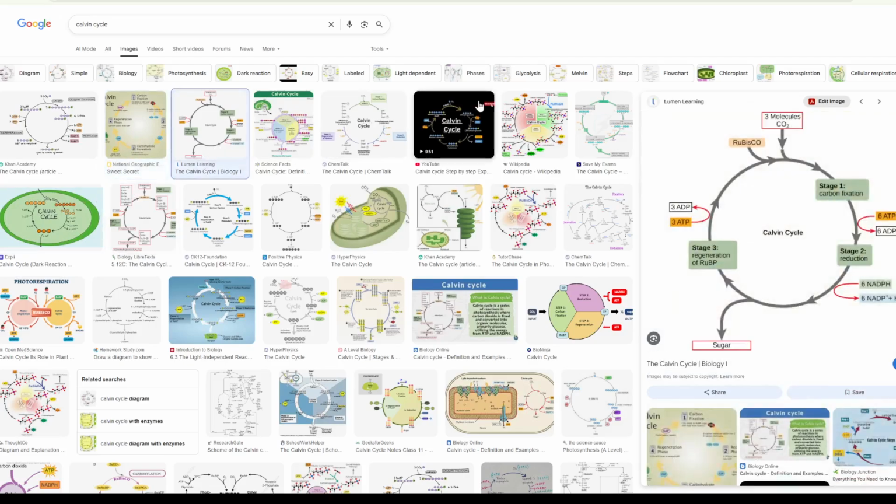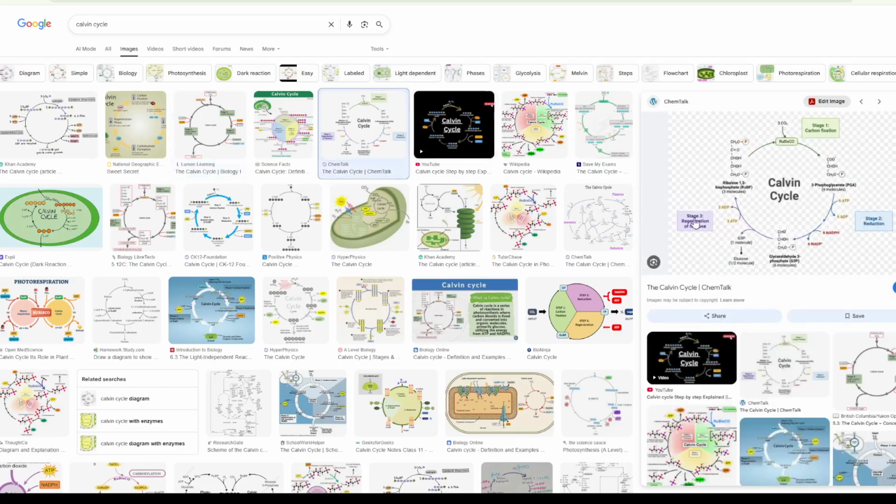Where are the names? Where are the names? There are no names in any of these diagrams. Phosphoglycerate. That's not important. Glyceraldehyde 3-phosphate.